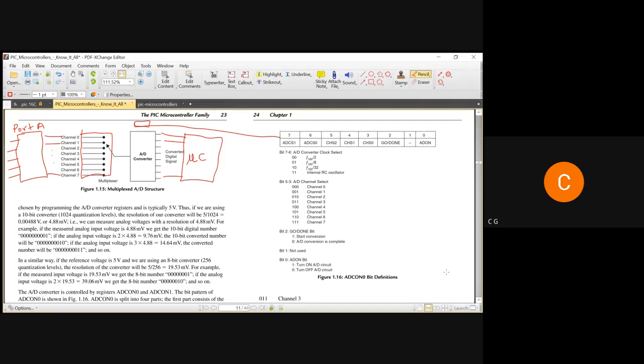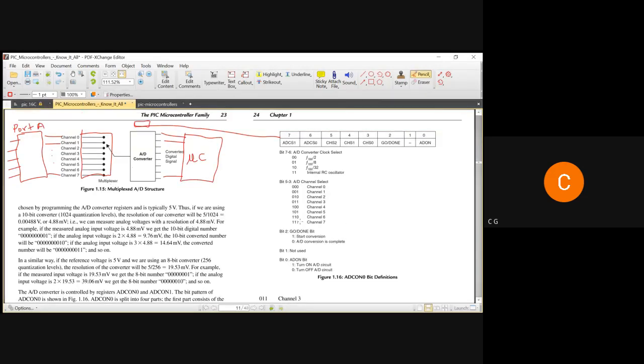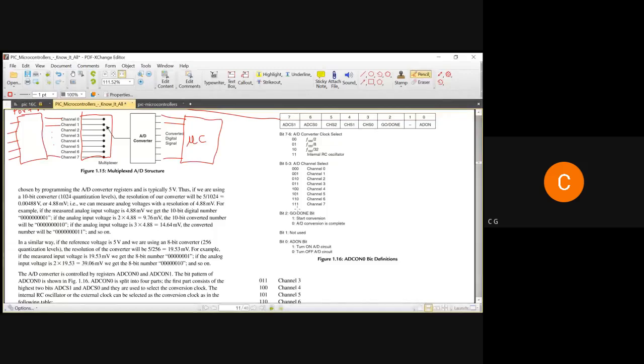Pins 7 to 6 do the A to D converter clock select. There are 4 arrangements: oscillator by 2, oscillator by 8, oscillator by 32, and internal RC oscillator. Then pins 5 to 3 are channel select, so it is controlling the multiplexer also: 0, 1, 2, 3, 4. At a time only one channel will be selected.